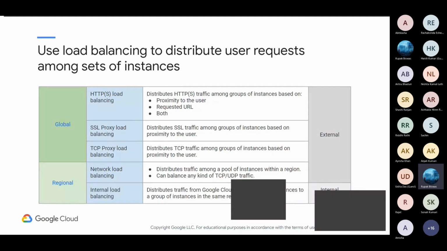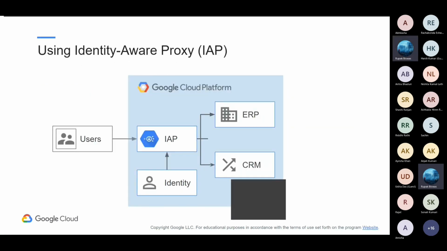And there is also internal load balancing. This is where, within a single device, you can host your service on multiple ports and set up an internal load balancing service. So this is an example of using identity aware proxy.